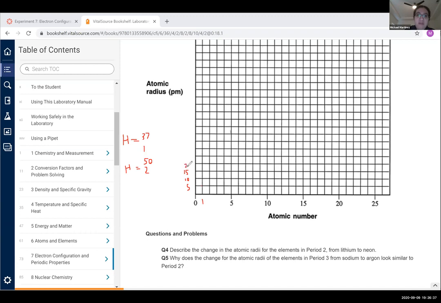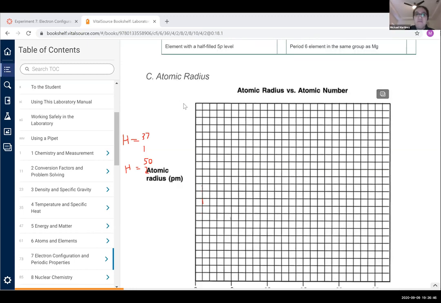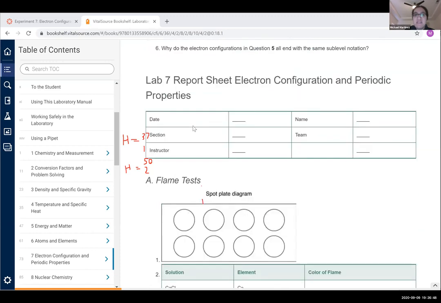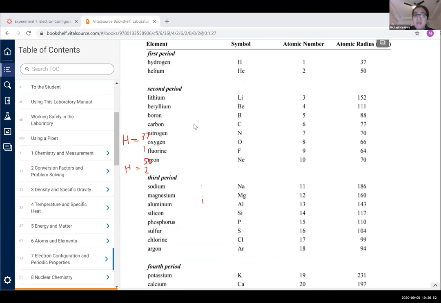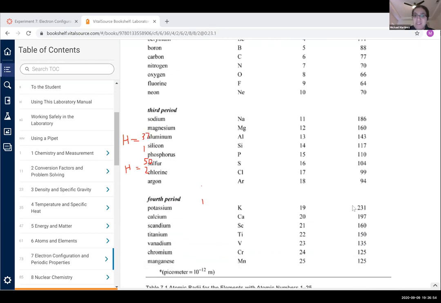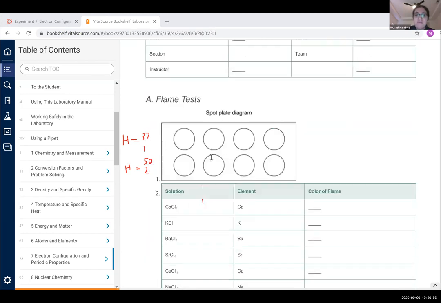I would recommend trying out different increments. So I'm going to look at my main data set and try to figure out what my maximum and minimum are. It looks like my maximum radius is going to be around 200.